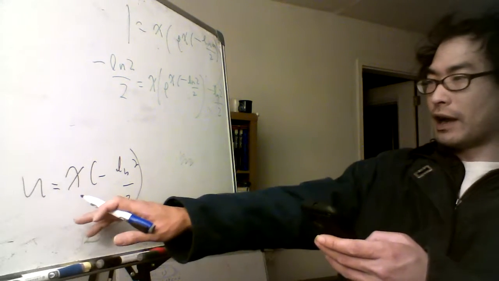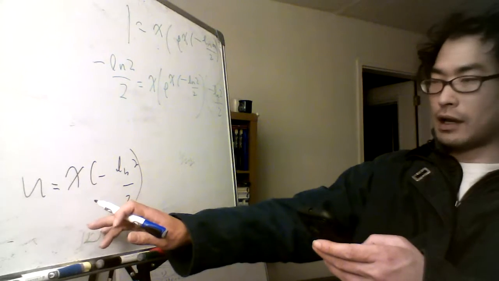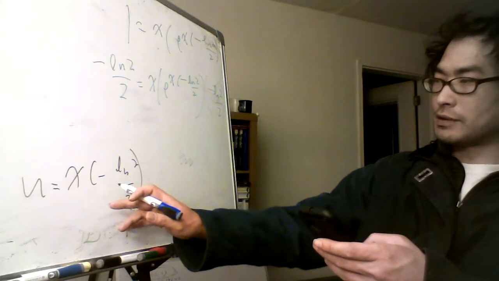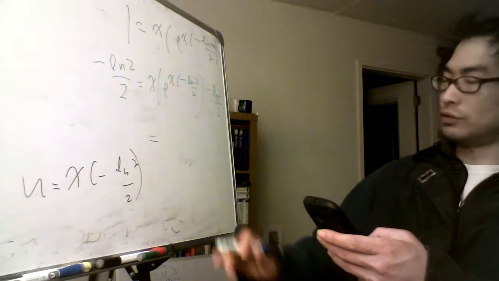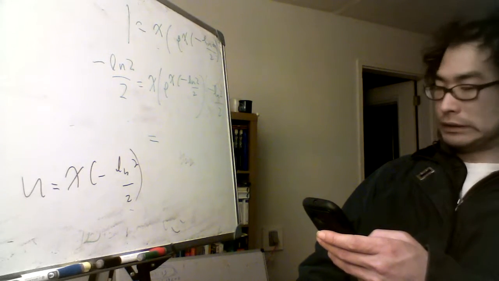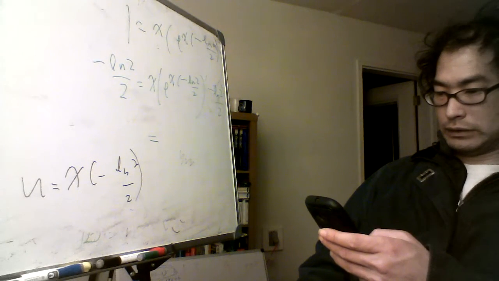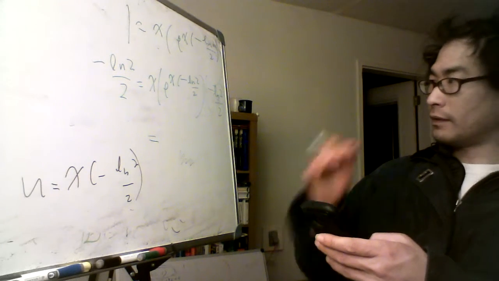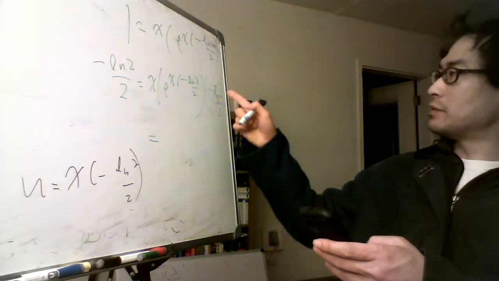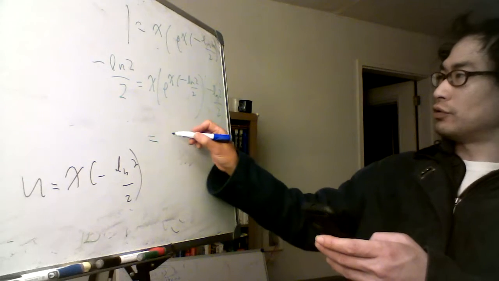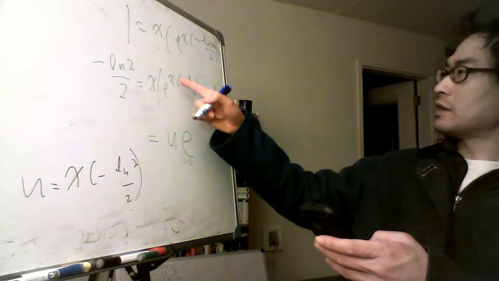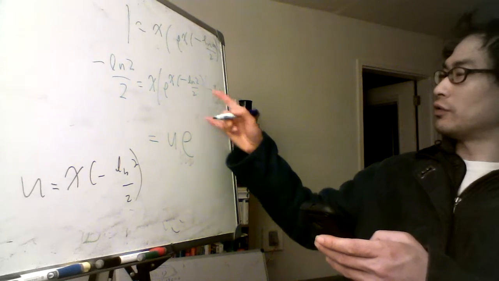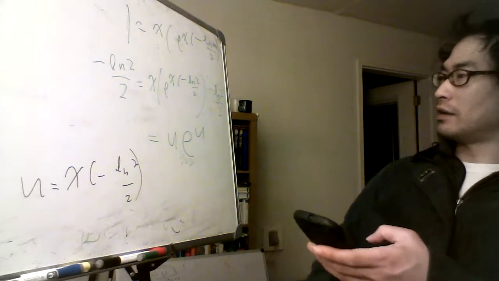But we defined u as x times minus ln 2 over 2. So this is equal to x times minus ln 2 over 2, that's u. So yeah, it is.